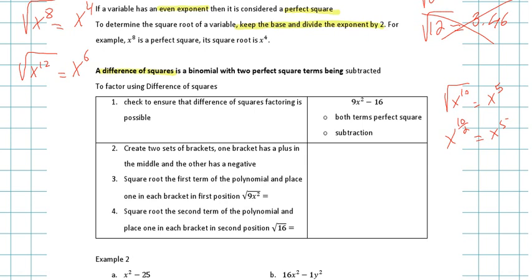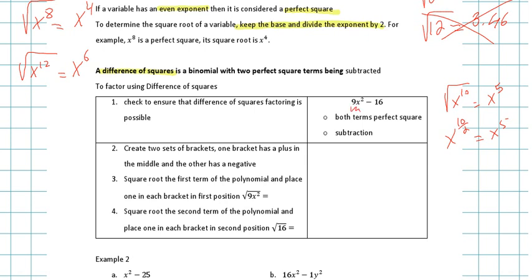So anytime you have two terms that are perfect squares with a minus between them, we call this a difference of squares. You must have perfect squares, and you must have a minus. Now, why is 9x squared a perfect square?